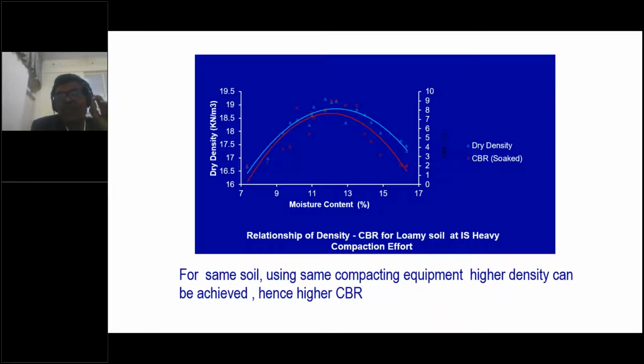What is the effort we are giving? Putting a few more additional passes, not just stopping at 97%. So with the increase in the density, the increase in CBR is very, very evident, and this should be made use of.